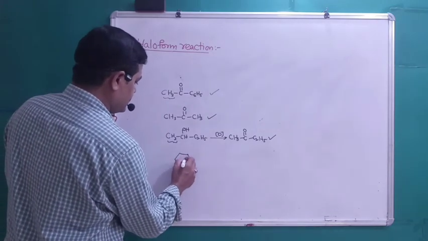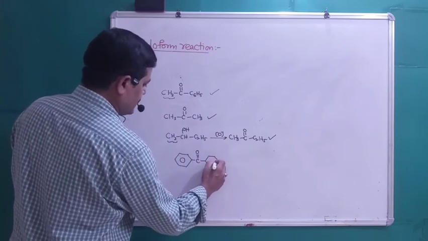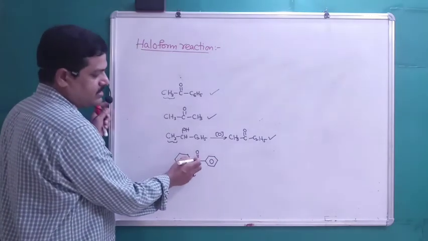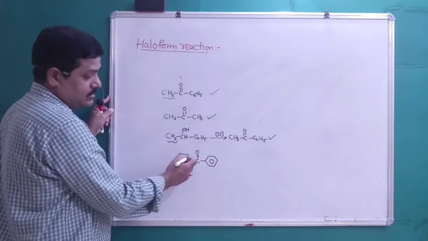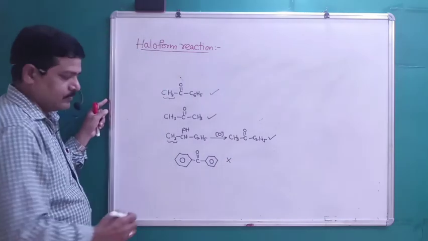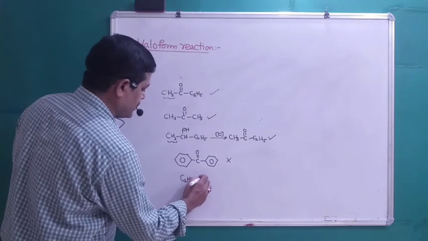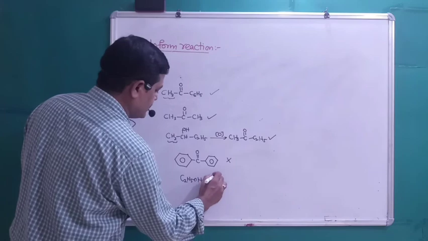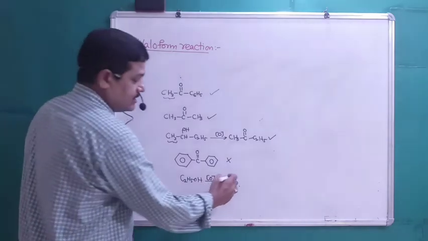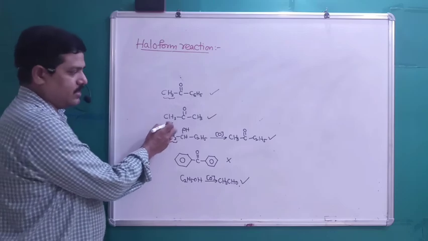C6H5-C=O-C6H5 does not contain a methyl group on either side, so it won't give the haloform reaction. Among primary alcohols only C2H5OH gives it, because it is oxidized into acetaldehyde. Among aldehydes, acetaldehyde gives this reaction. Among ketones, only methyl ketones give it.